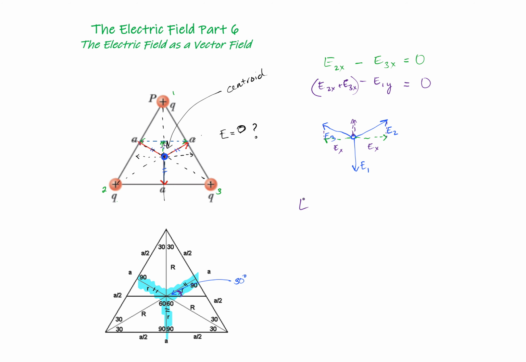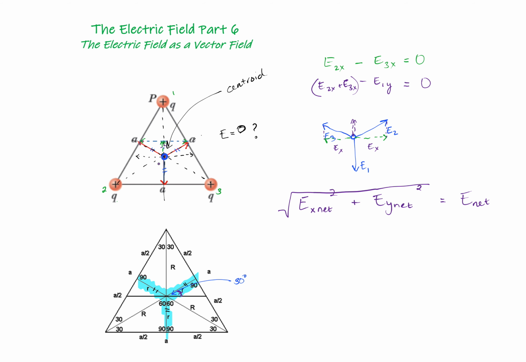Finally, putting E net in the x and E net in the y together, I square both terms and take the square root, which gives me the net electric field. In this case at the centroid, that would be 0.